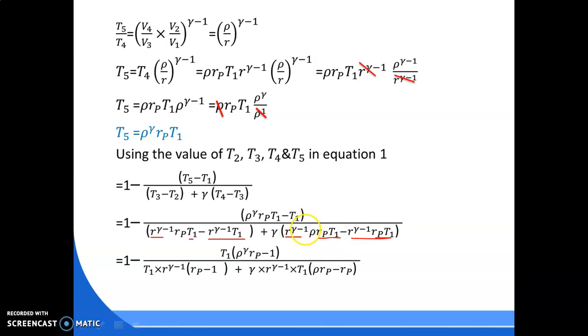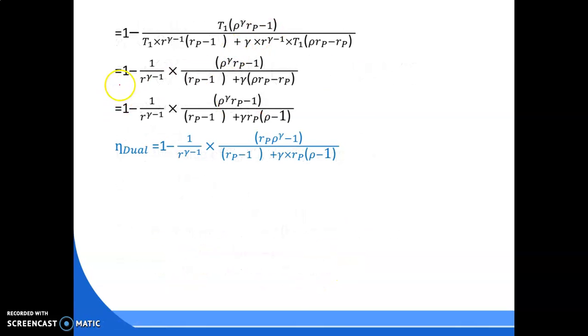Or you can say r to the power gamma minus 1 T1 will be common and taken outside. T1 will be cancelled out. So we can also write 1 minus 1 by r to the power gamma minus 1. What is left? Rho to the power gamma Rp minus 1 divided by Rp minus 1.